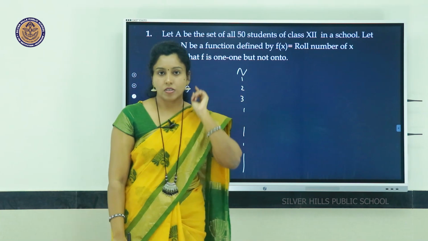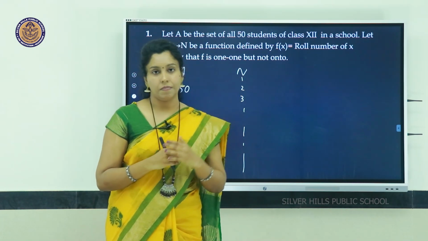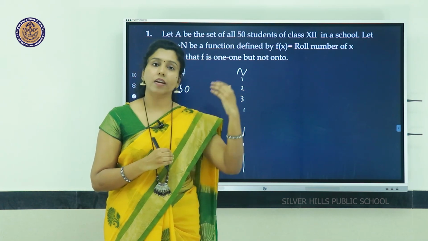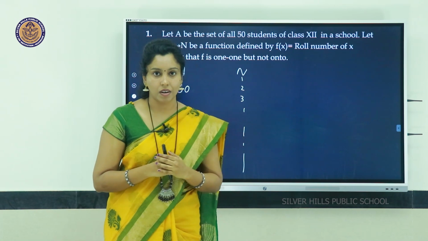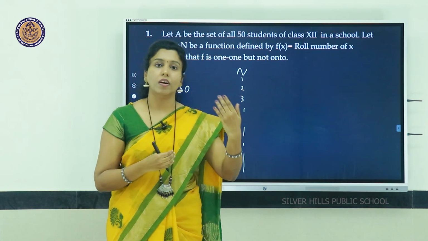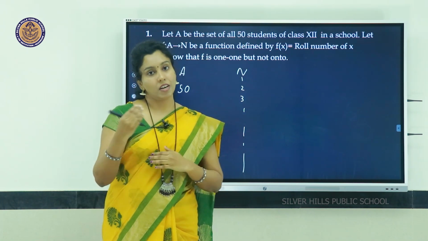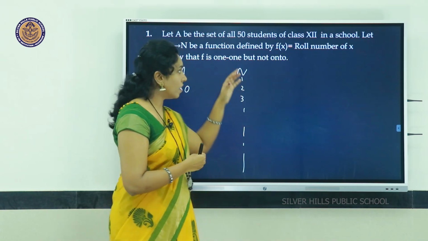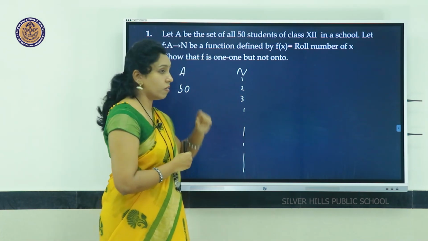Suppose I take the first student, maybe a student whose name starts with letter A, and naturally he will get roll number 1. If I take the next student, his roll number will be 2. If I follow the alphabetic order, I will get roll numbers for all these 50 students. Now how can you conclude this is 1-1?